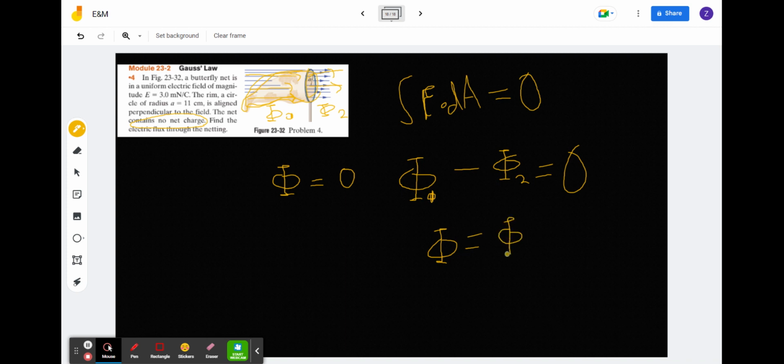So all we have to do is find the flux going through the disk in order to find the flux through the netting. And that's simple because it's a circle with a constant E going through it. So it's going to be our area, pi r squared, times the electric field. And cosine theta is going to be 1 because it says that it's perpendicular to the field.